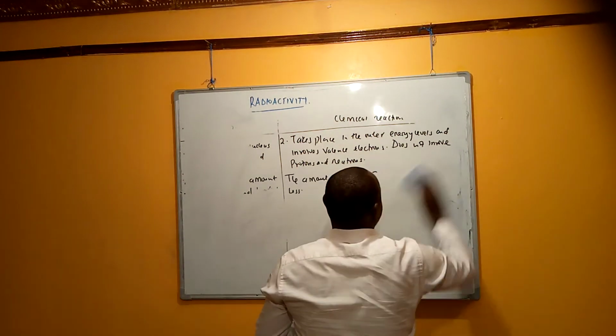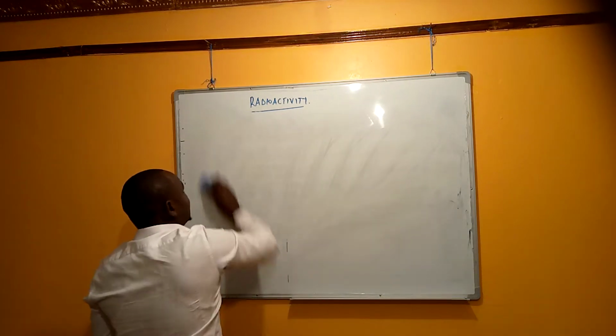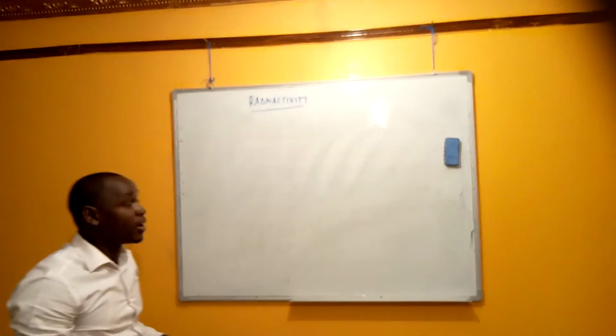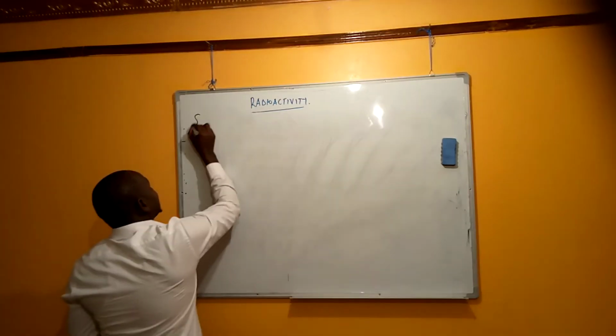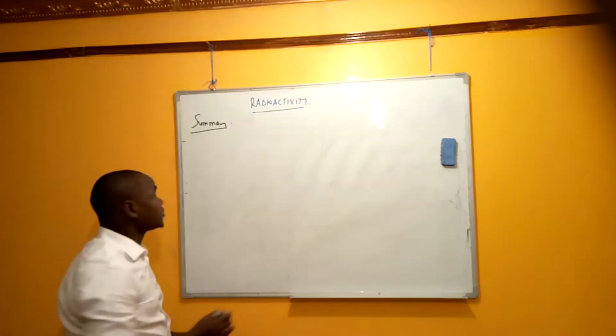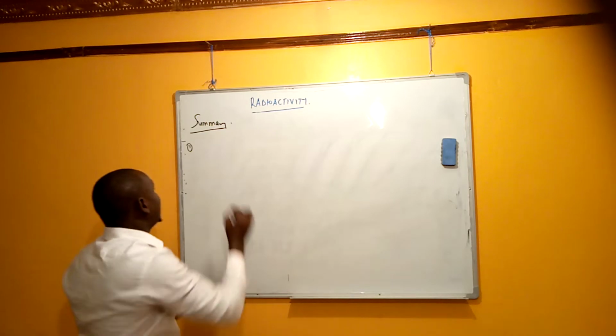Just to remind you, one of our objectives was to define some terms. So let us look at the terms that you've come across and how we have defined them. One, we have defined the term nuclide.